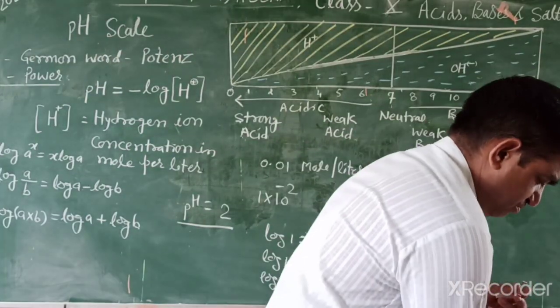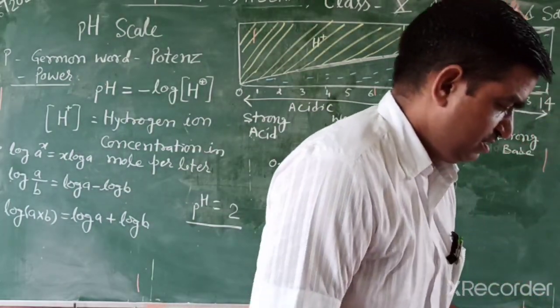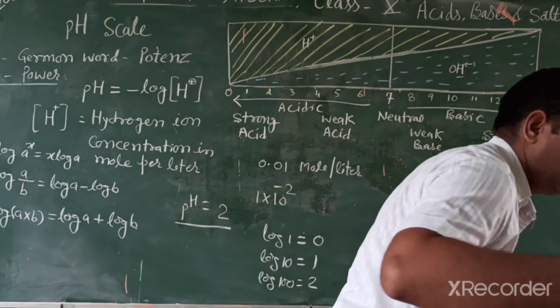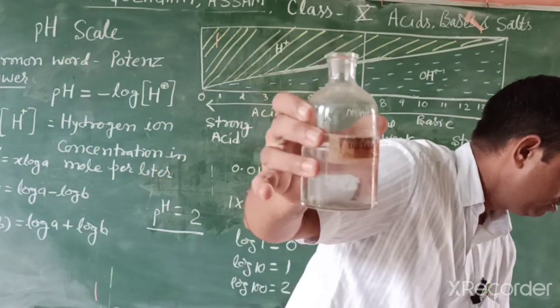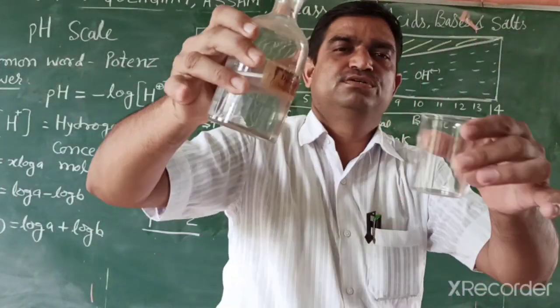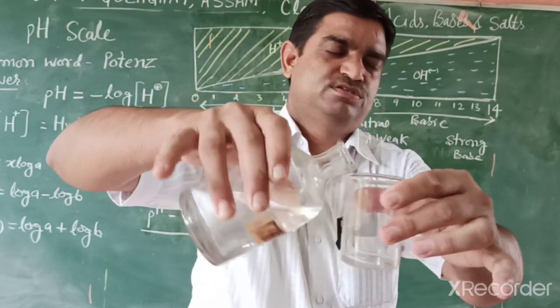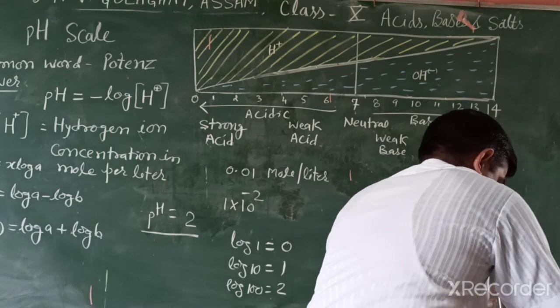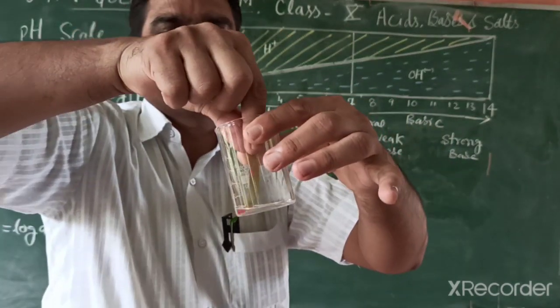We try another acid, this pH paper in H2SO4. This one is dilute H2SO4. We put a very small amount in a beaker, and then dip a pH paper in this.